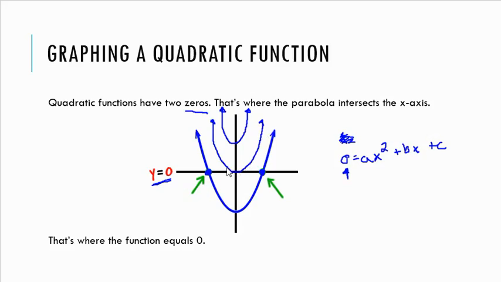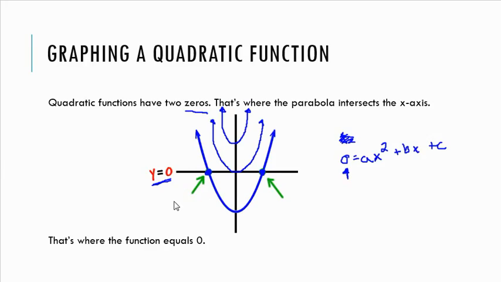So if the vertex is the zero, it will only have one, as in this example right here. Or if it is opening up and the vertex is above the x-axis, it will never intersect with the x-axis, so there will be no zeros. And in the same respect, if it's opening down and is below the x-axis, it will also never intersect, so there will be no zeros.